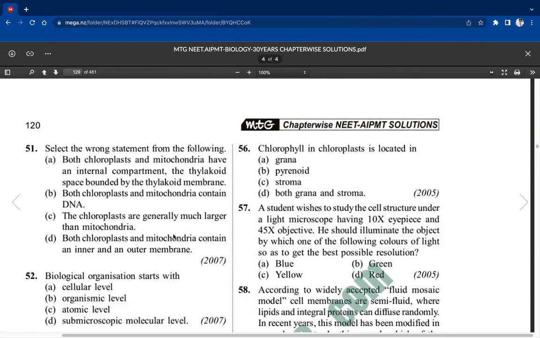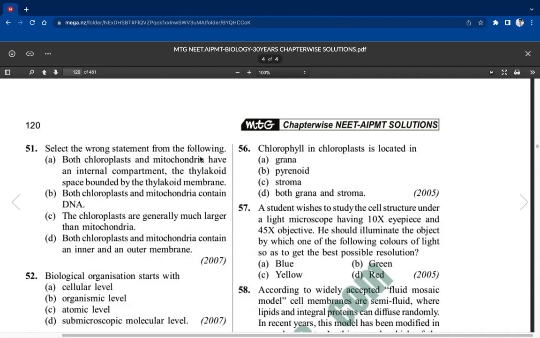Both chloroplast and mitochondria contain an inner and outer membrane, right? The chloroplasts are generally much larger than mitochondria, right? Both chloroplast and mitochondria contain DNA, again right. But both having an internal compartment called the thylakoid is wrong. Thylakoid is only present in chloroplast.